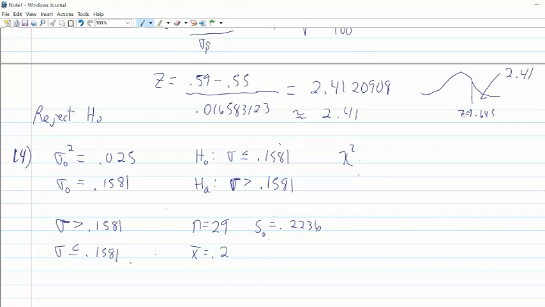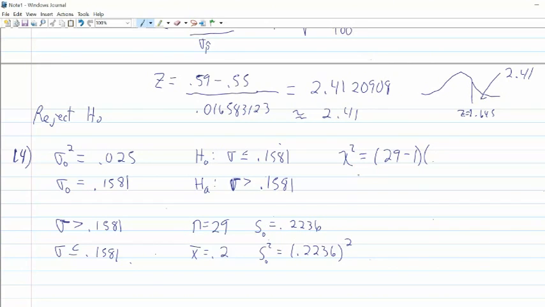It is n minus 1, that's 29 minus 1, times S sub O squared, so it is the variance from the sample. We weren't given the variance for the sample. To find the variance, if you have the standard deviation, you need to square that. So that's just going to be 0.2236 squared.